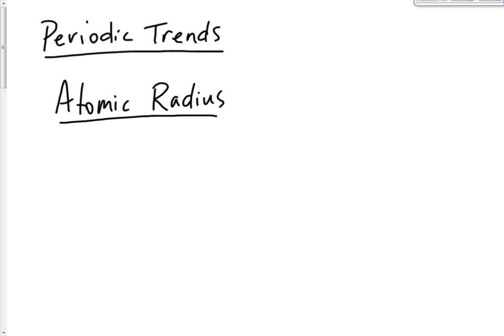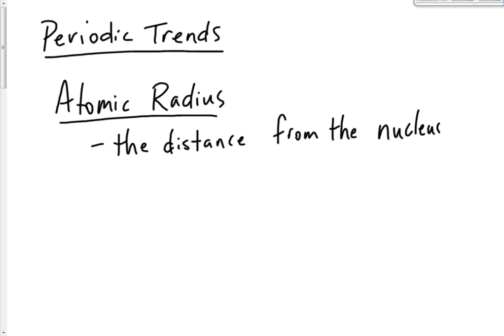A solid definition for atomic radius is the distance of an atom to the valence electrons.